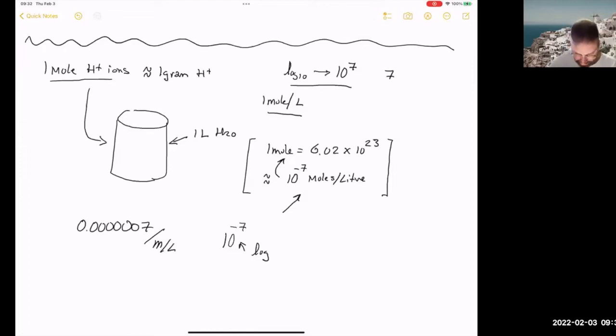So instead of taking the log base 10, I will take the negative log base 10. If I take the negative log base 10 of 10 to the minus 7, the cool thing is that the negatives cancel out, and I just get the number 7. All right.